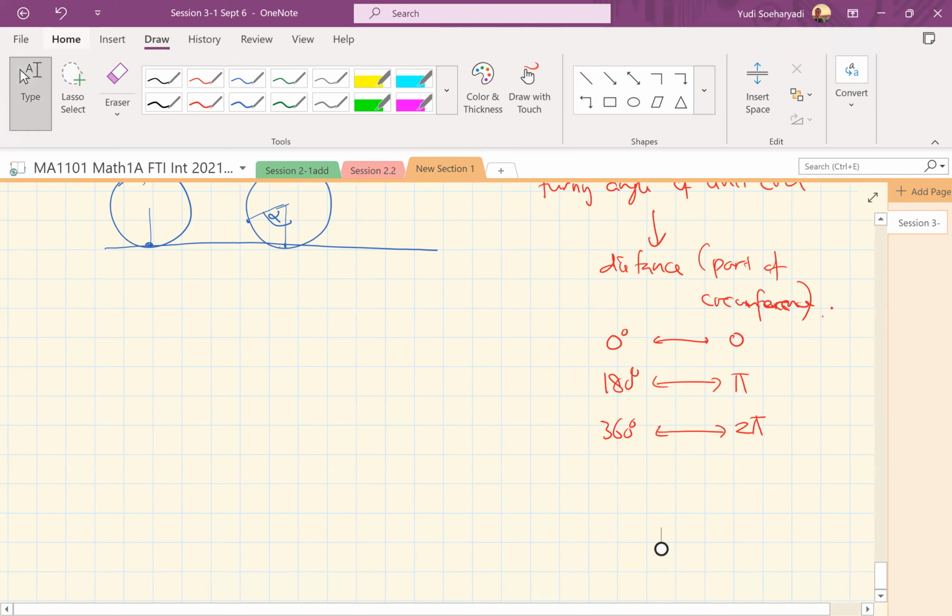This conversion is what we call the radian.